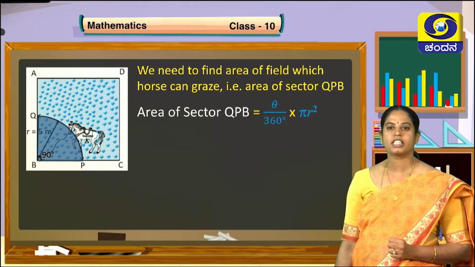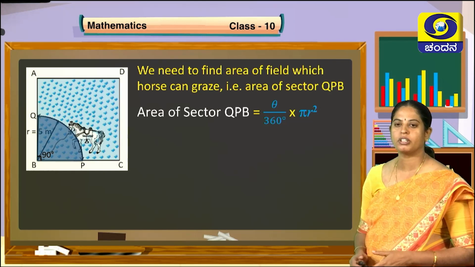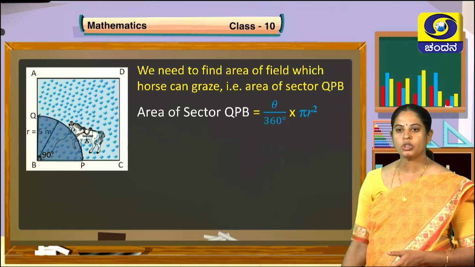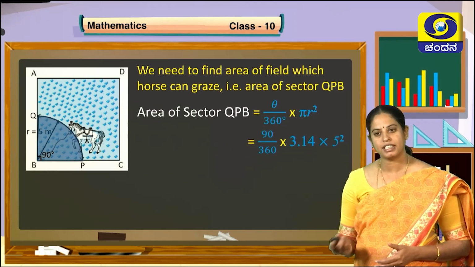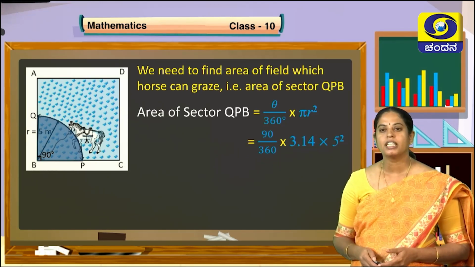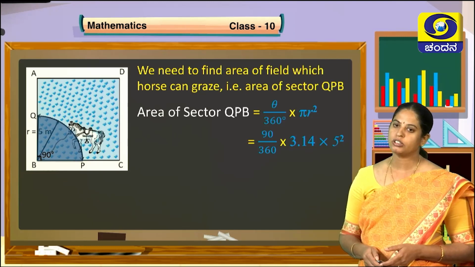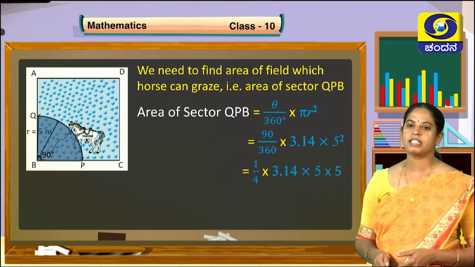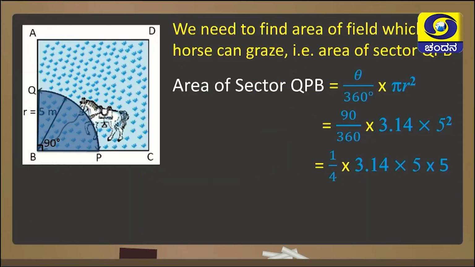So, area of the sector QPB is given by the formula theta by 360 degree into pi r square. Substitute the value of pi as well as the radius. You are going to get 90 by 360 into 3.14 into 5 square. Simplifying 90 by 360, we get 1 by 4 into 3.14 into 5 into 5.